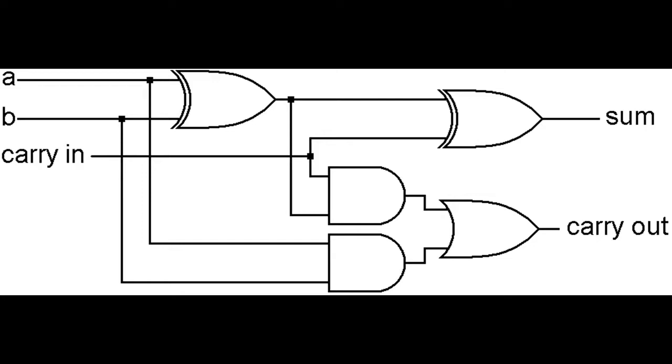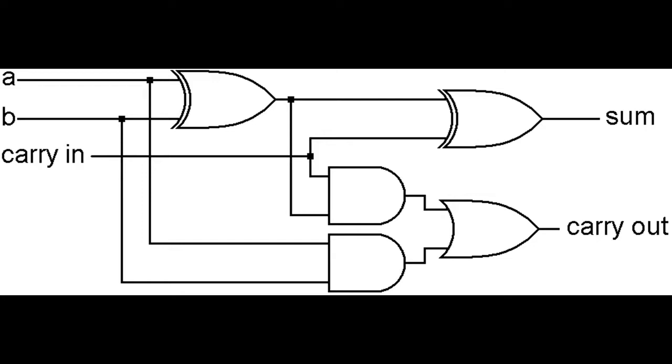So the carry comes in the middle of the diagram here, and its value is XORed with the sum of A and B to give us our final sum. And it is also sent into another AND gate where it will be ANDed with the sum of A and B to determine if a final carry is required.